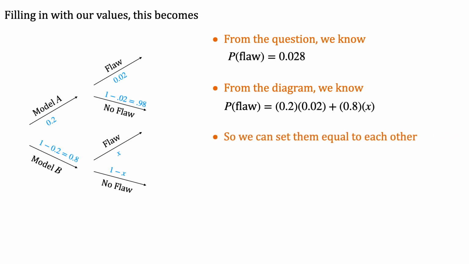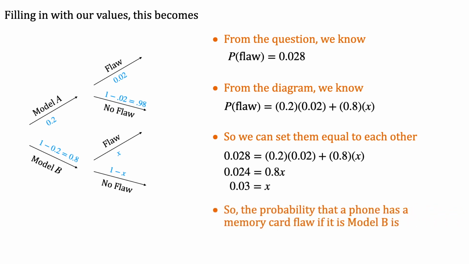So we set them equal to each other, and all we do is solve for x. When we do that, we find that x is equal to 0.03. And now we're done.